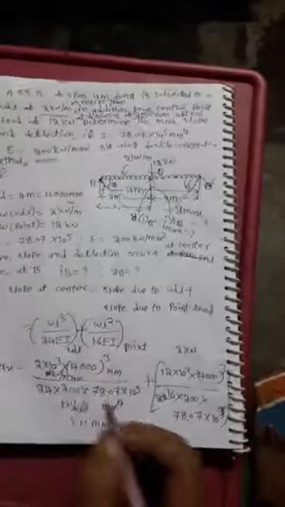Both the units cancel, leaving kilonewton and mm square, and you can change these units into newtons. So the answer you get is 3.345 radians.